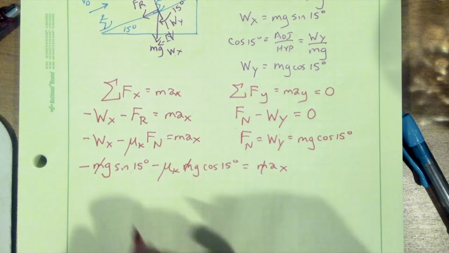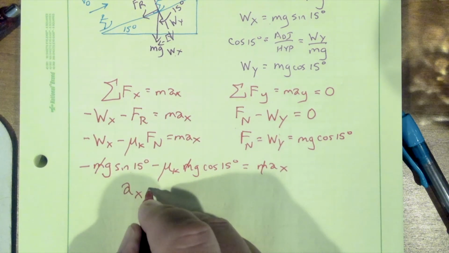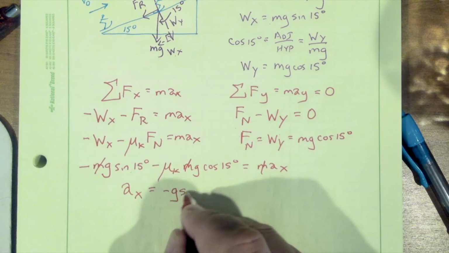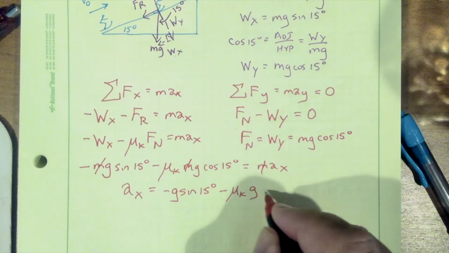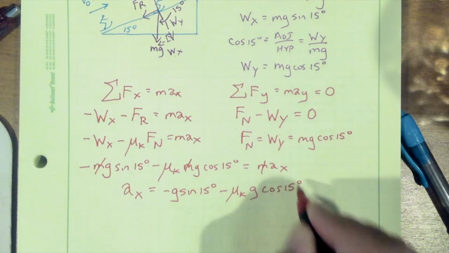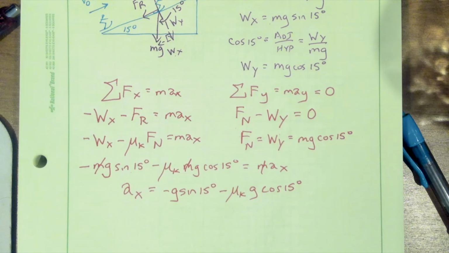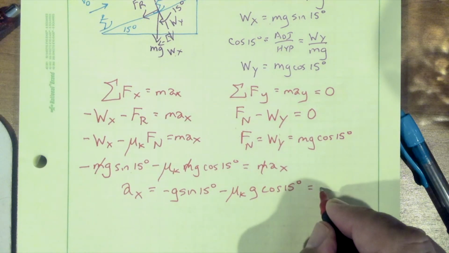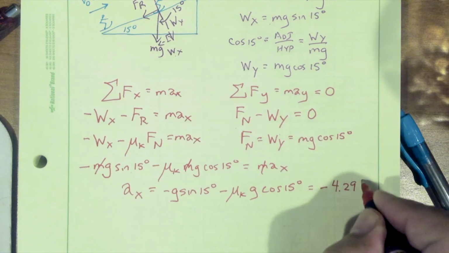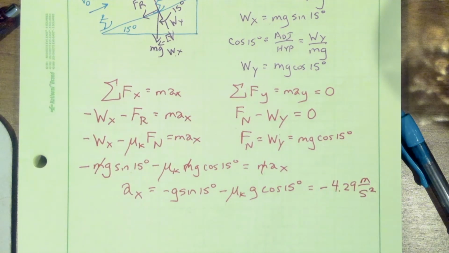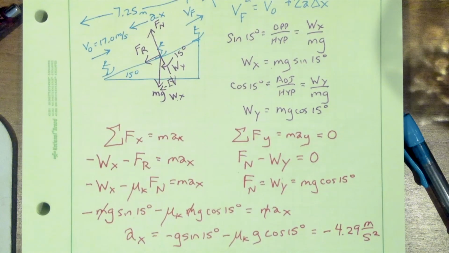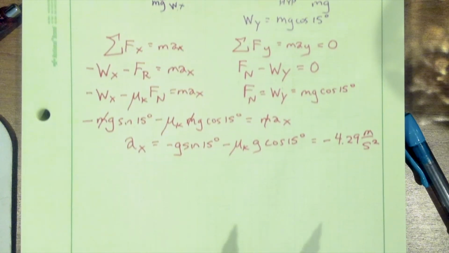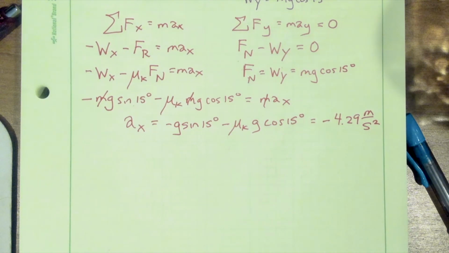So the mass is irrelevant in this situation, making the acceleration in the x direction minus g times the sine of 15 minus mu k times g times the cosine of 15. And calculating that out, we get minus 4.29 meters per second squared. Notice the acceleration is negative, once again, because it is opposing motion in the negative x direction. So our acceleration is negative because we are slowing down.